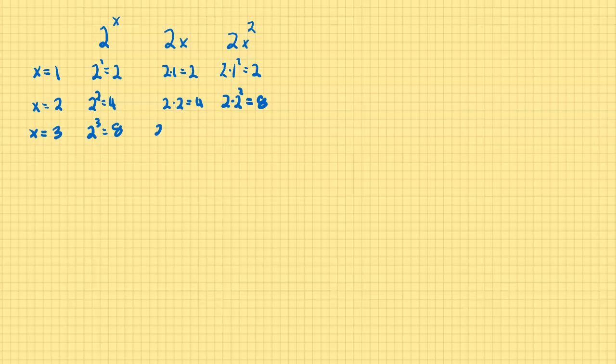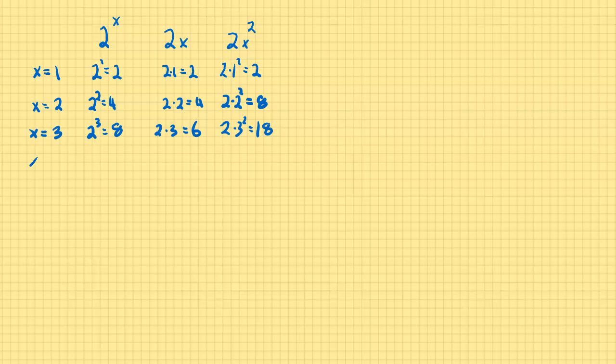Well, that's going to be 2 times 3, which is 6. And for the quadratic function, we're going to have 2 times 3 squared. Now 3 squared is 9, and 2 times 9 is 18. So it's going to be 18. So so far, it looks like the quadratic function always has the greater value.